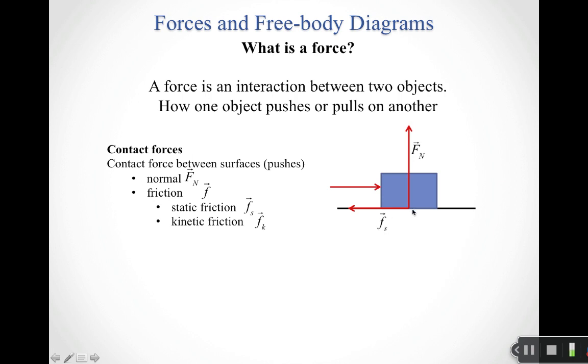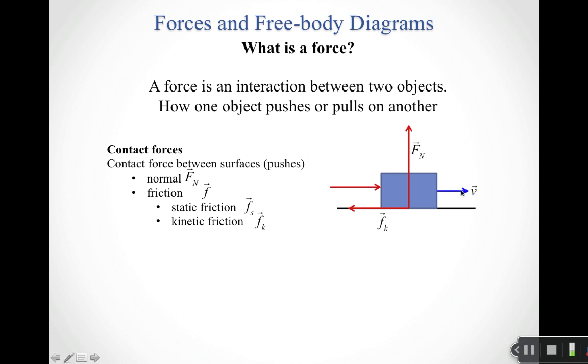Static friction I'll get if I push the box but don't push it hard enough for the box to move. So static friction occurs when there's no motion of the object relative to the surface it's in contact with. I can push a little bit, but the box still doesn't move because it's being held in place by static friction.